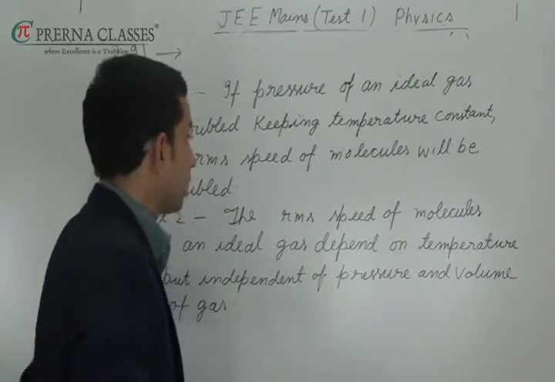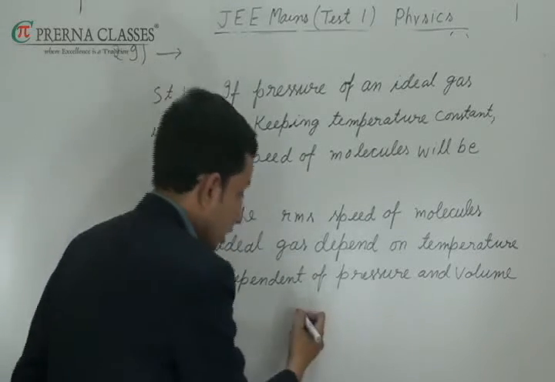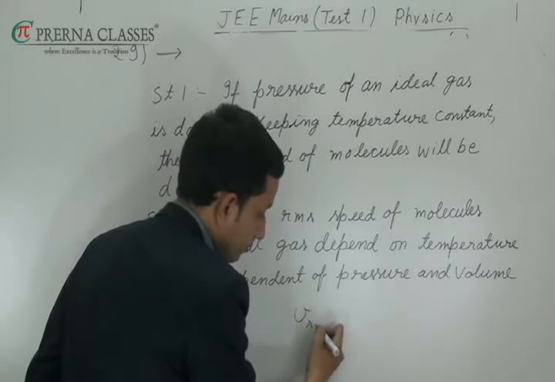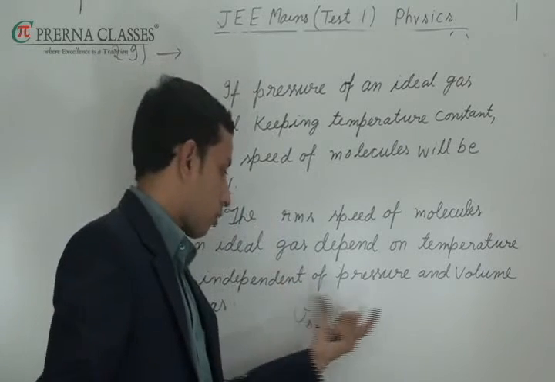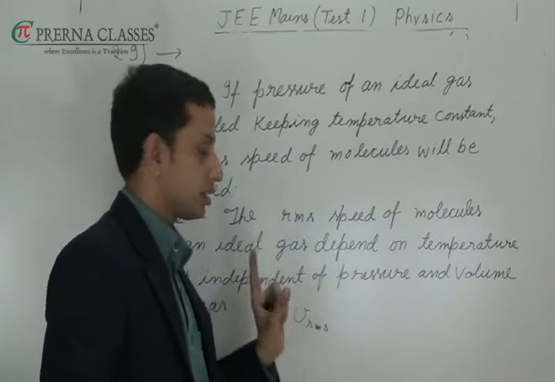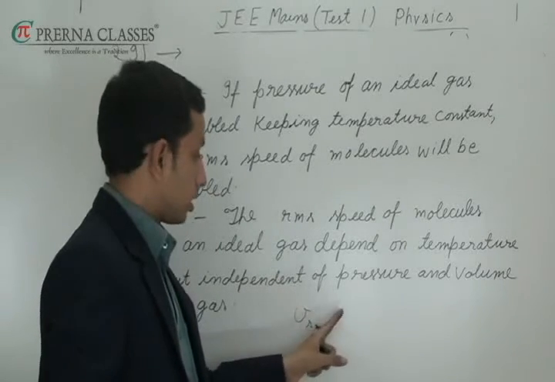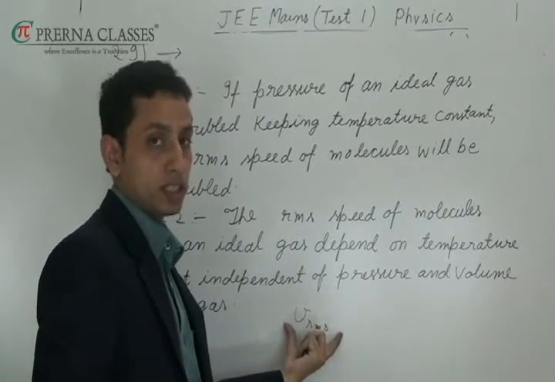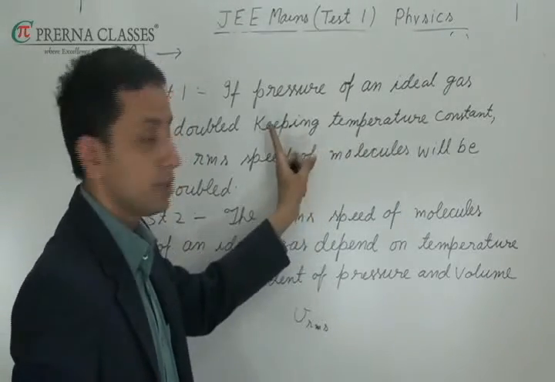So in this case, what we can see is that RMS speed depends upon all three quantities, volume, pressure and temperature. But if temperature is kept constant, the RMS speed will not change. So first statement, temperature constant, so RMS speed will not change.